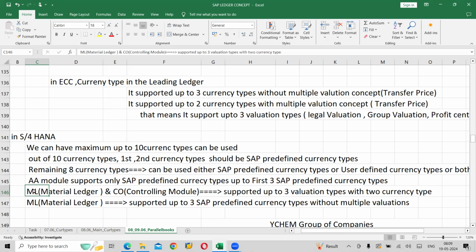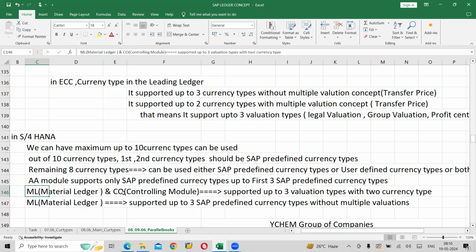Okay, and here, this we have not covered, but still, material ledger. So here material ledger and CO module support 3 valuation types with 2 currency types. Clear? Just leave this as of now, or else you'll try to understand this.